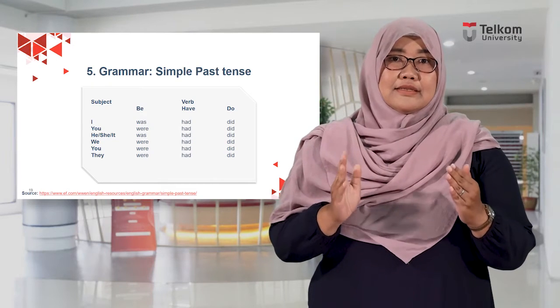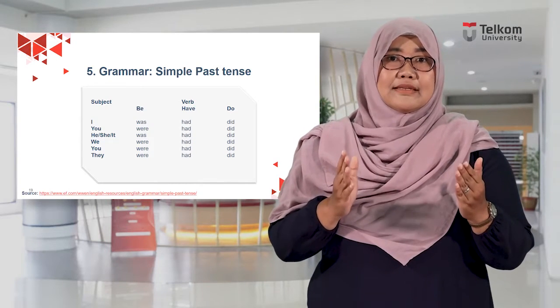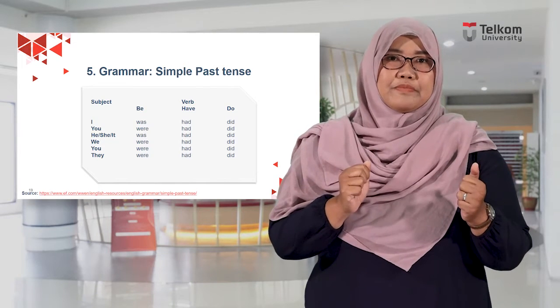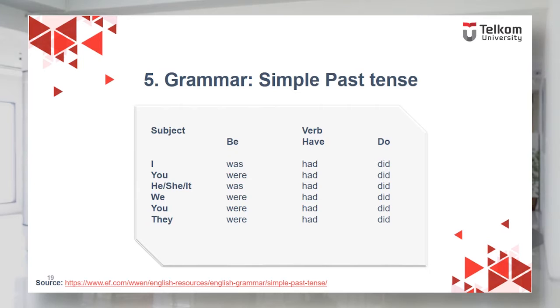Here are lists of the simple past tense of to be, to have, and to do. For subject I, we use was, had, did. For subject you, we use were, had, did.